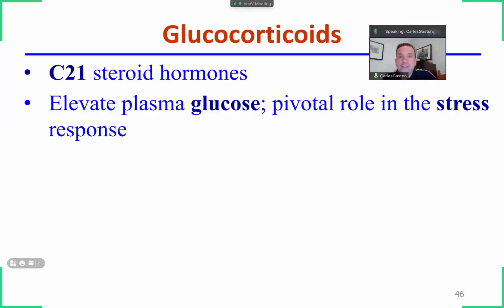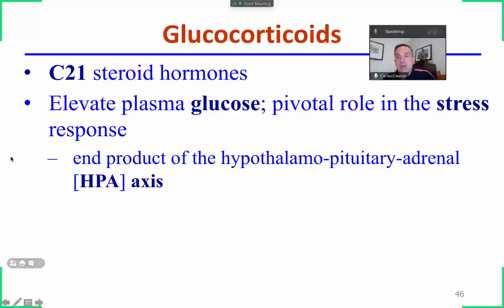So, the function of glucocorticoids is to elevate the plasma glucose, and they are pivotal and super important. We will study that tomorrow in the stress response. The end product of the hypothalamic pituitary adrenal axis is the glucocorticoids. So the hypothalamus produces, remember, corticotrophin releasing hormone that goes into the pituitary.